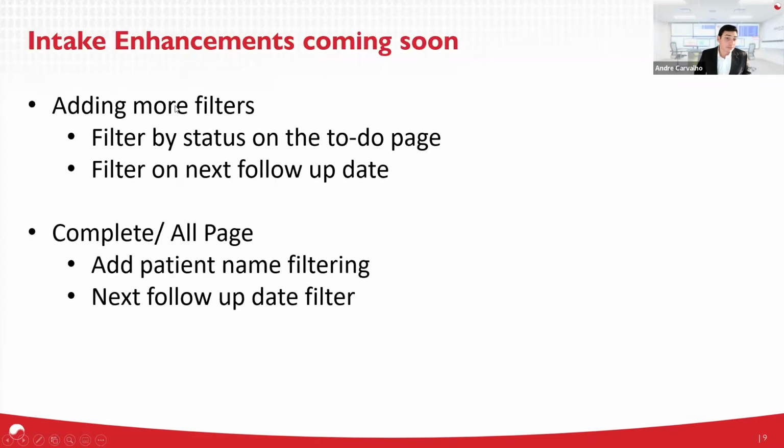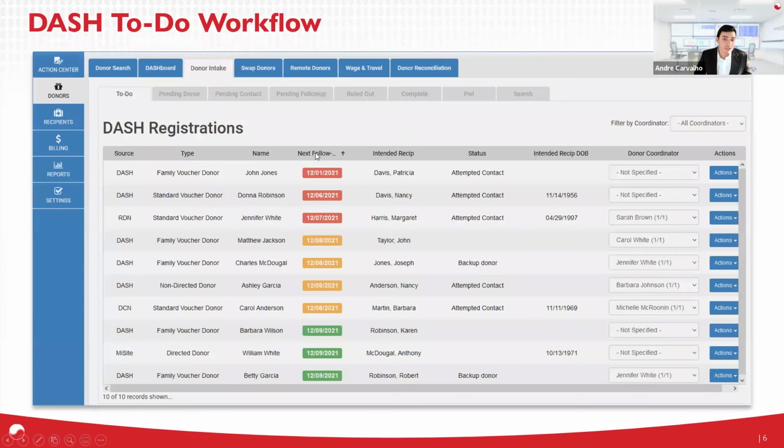So some future enhancements, we're going to add some more filters in the to-do. So you can filter by status, filter on the next follow-up date, so you can see future follow-up dates. Currently, like I mentioned, you only see any previous follow-up that's due or anything that's due today, which is the yellow, and anything that's due tomorrow. If anything is due, let's say 3 days from now or next week, you're not going to see it on this list.